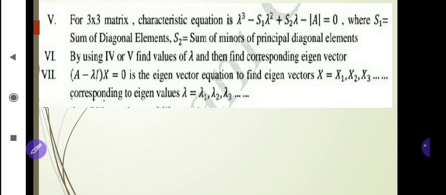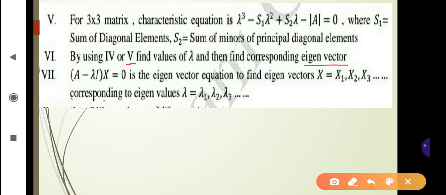Then the last step: for a 2 by 2 matrix use the earlier 2 by 2 equation, and for a 3 by 3 matrix use the 3 by 3 equation to find the values of lambda. After that we need to find the corresponding eigenvector. To do so, consider the equation A minus lambda I into x equals 0.